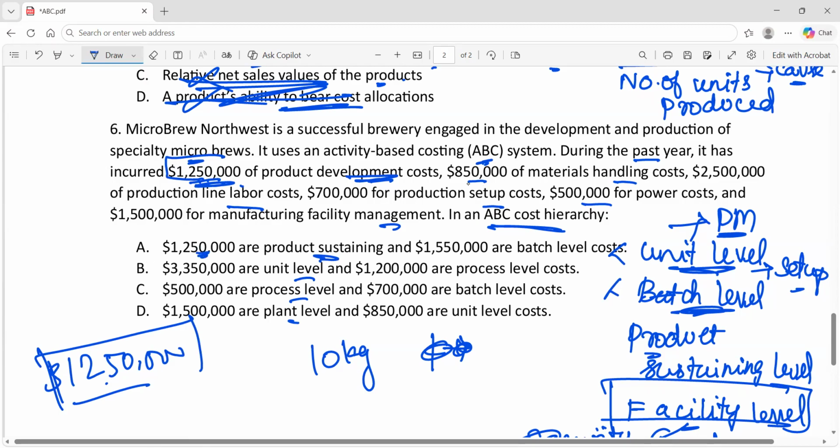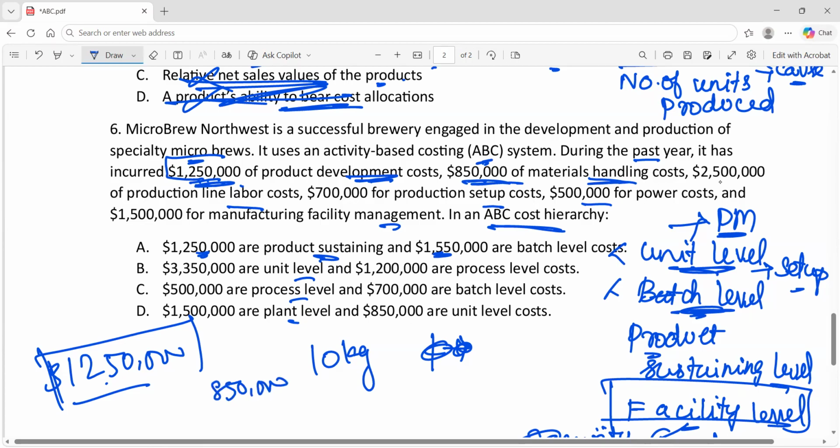Then what about 8 lakh 50,000 of material handling? Material handling will be a batch level cost because you will not handle material on a unit basis. Usually, you will not carry 1 unit of material every time. You will carry material in batches. So that is a batch level cost. So here we have 8 lakh 50,000 batch level.